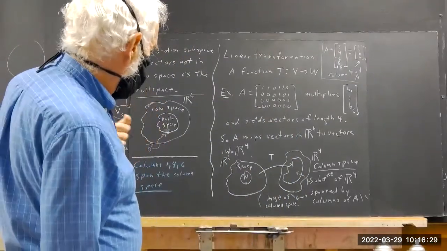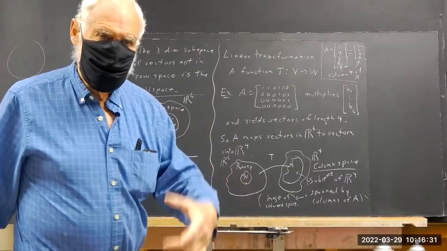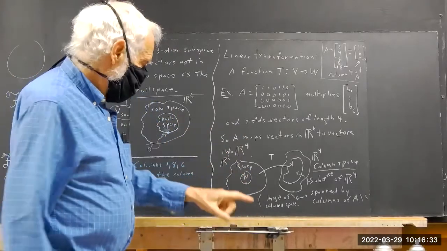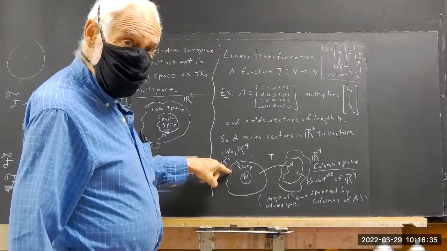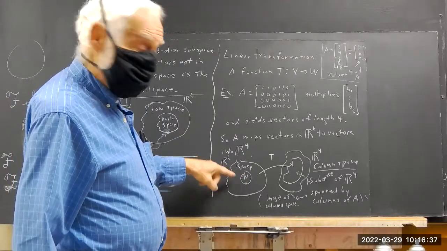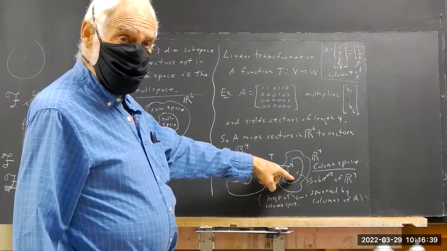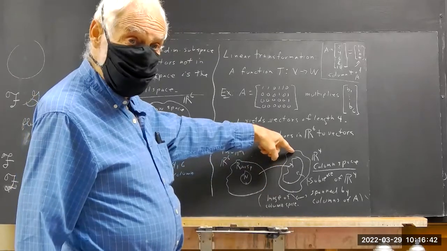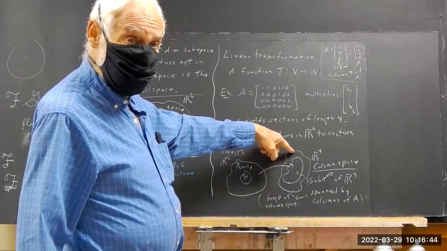So we see that there are 3 important subspaces. We have the null space and the row space of your original matrix. And we have the column space of your original matrix, and whatever's left over, which is also a space.